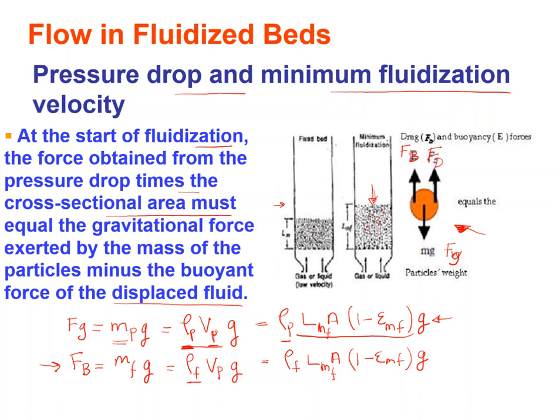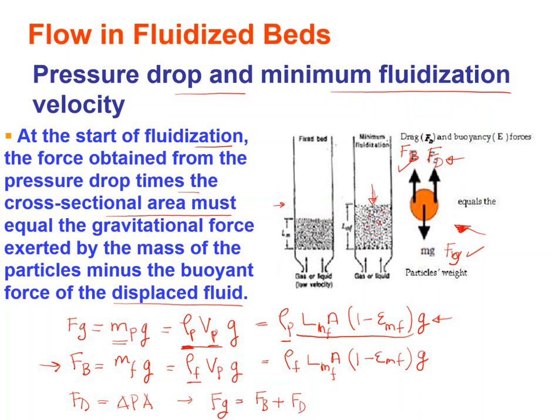The last thing is the drag force. So I'm done with this, I'm done with that. Now what is the drag force? The drag force is equal to delta P times A. So FD is equal to delta P times A. Okay. Of course in this condition, once I have the balance, once they are equal, I can write the following: Fg, the weight force, is equal to Fb plus Fd.